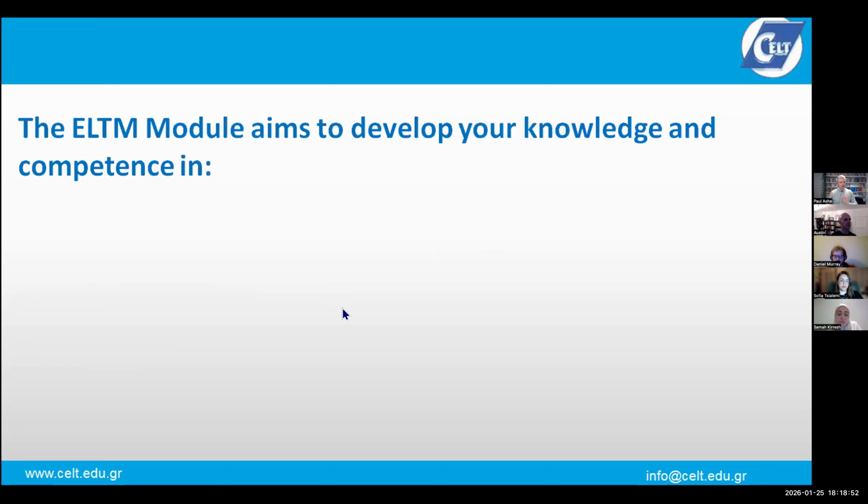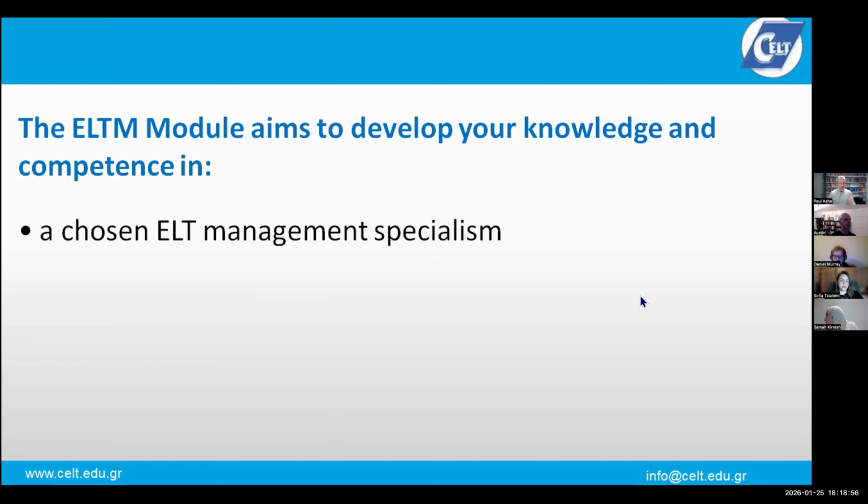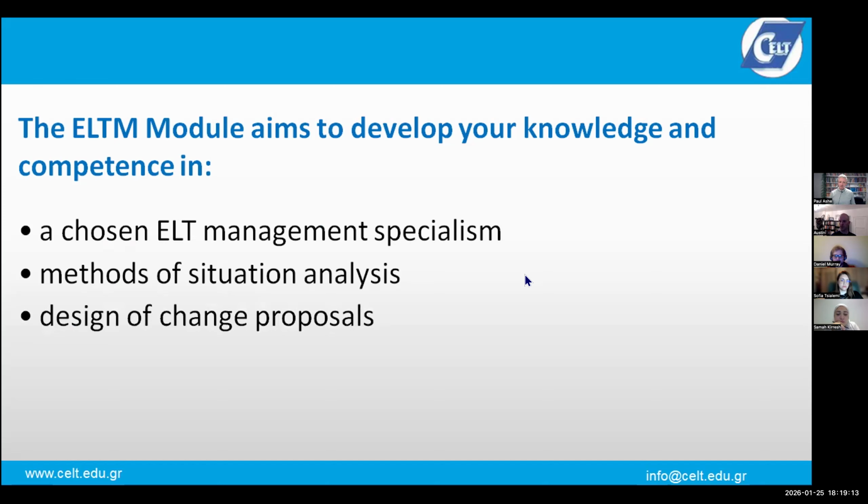So we said it's aimed to develop your knowledge and competence in a specific specialism. You're going to delve into that specialism in a very interesting way. Look at methods of situation analysis, which you can use as tools in lots of other contexts as well.